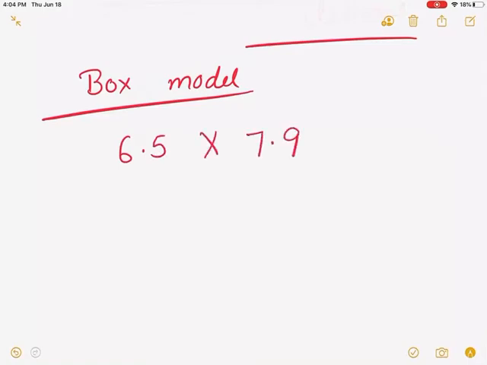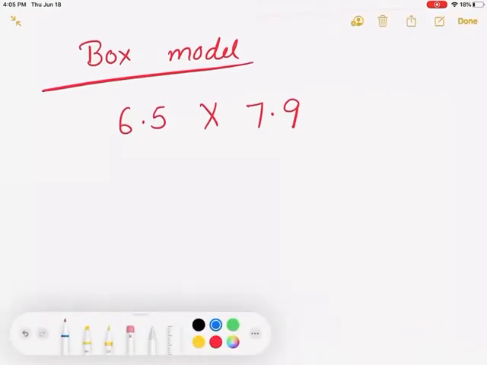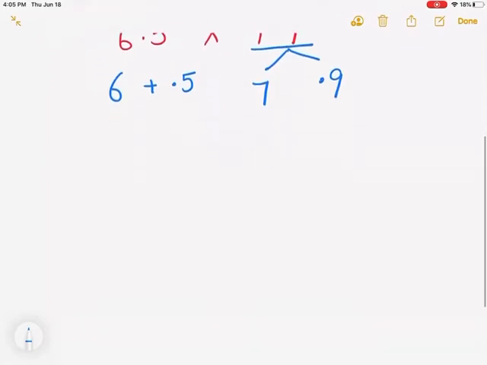First thing, I want you to decompose these numbers. 6.5 can be written as 6 and 0.5, or 5/10. Same thing with 7.9: decompose it as 7 and 9/10. Once you have that, you've got to make a box.